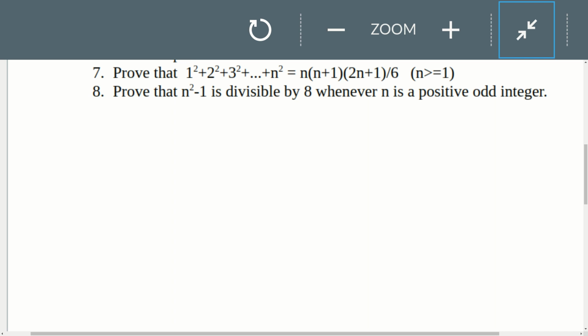Let given proposition up to n squared equals that thing. On this side, what would be? There's an n plus 1. That's easy.